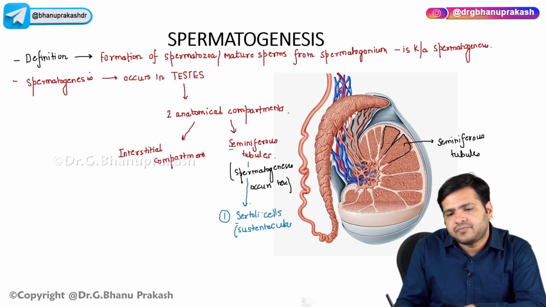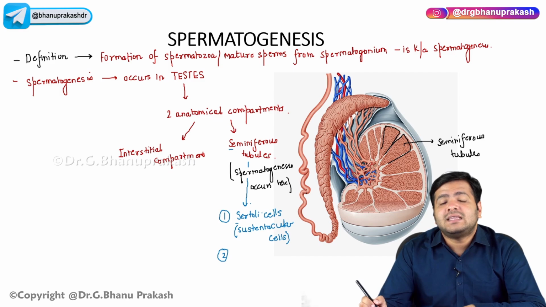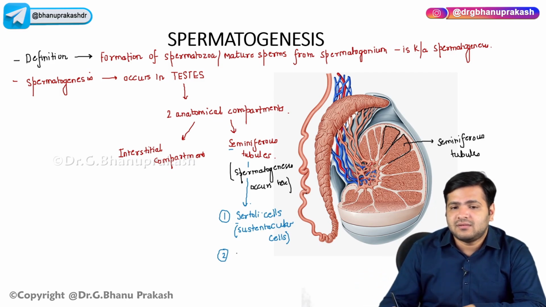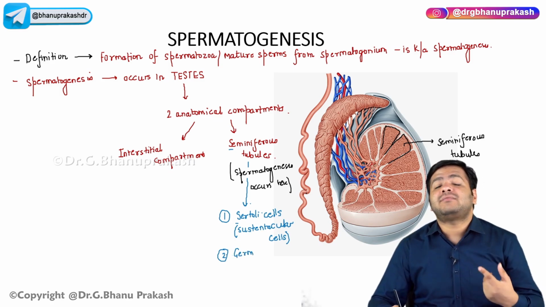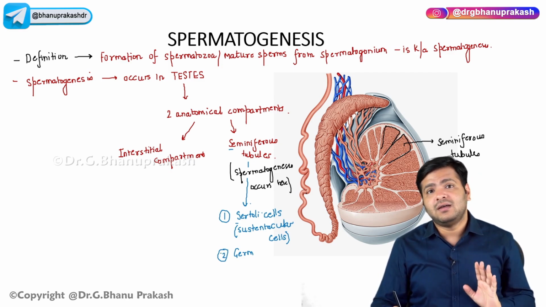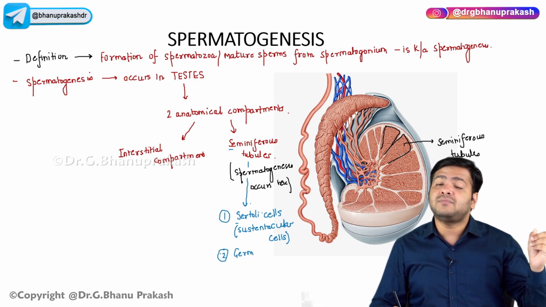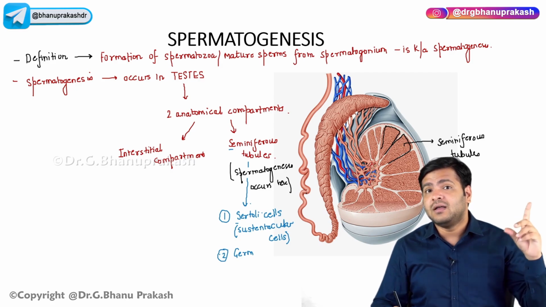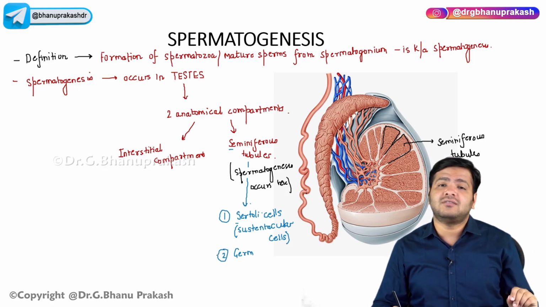The seminiferous tubule also contains the germ cells: spermatozoa, spermatogonium, primary spermatocyte, secondary spermatocyte. All of this will be in the seminiferous tubule. Why? Because spermatogenesis is taking place, so from spermatogonia till spermatozoa.